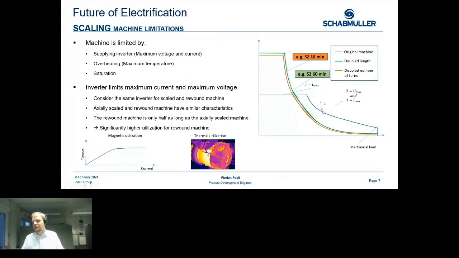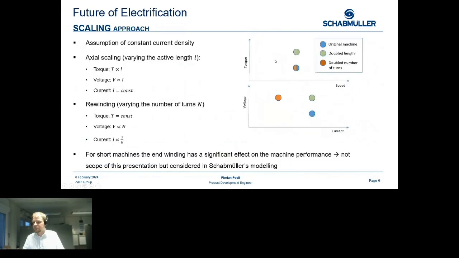Basically it means if I double the length of the machine, and this is the operational limits of the original machine, I will double the torque limit. Why is that? Because in this region, the torque is limited by the maximum current.